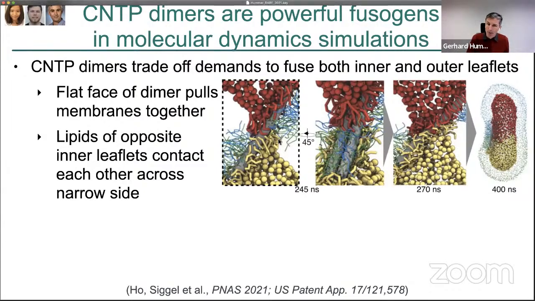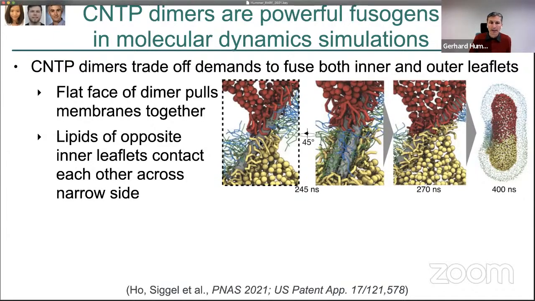The second problem, however, is what I already alluded to, the breaking of the symmetry, that on one side of the nanotube or on the other side of the nanotube, the lipids have to swing over. These are the inner leaflet lipids shown here in red and yellow, and push the nanotube to the side and establish inner leaflet contact. That's when the central pore forms and fusion completes.